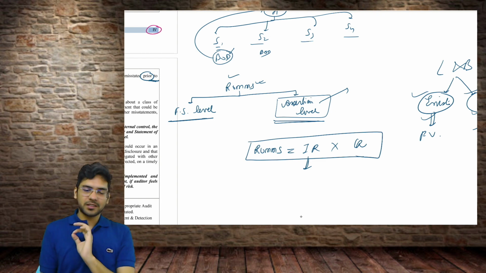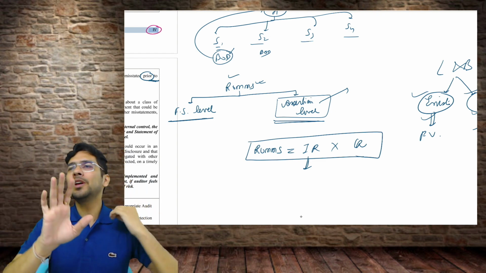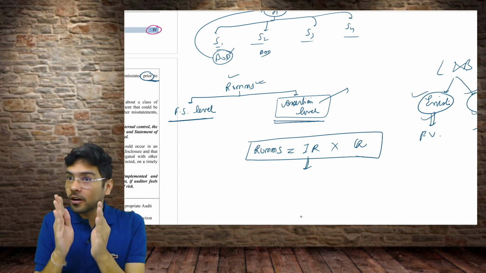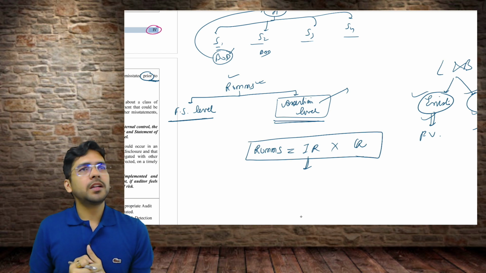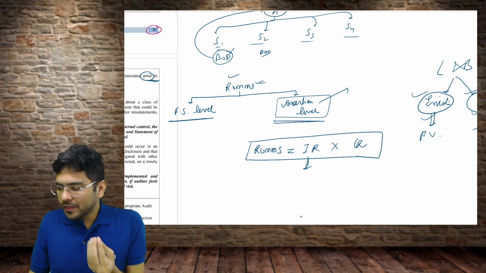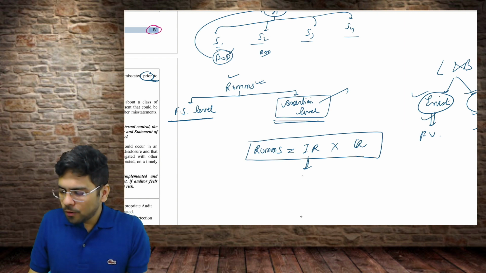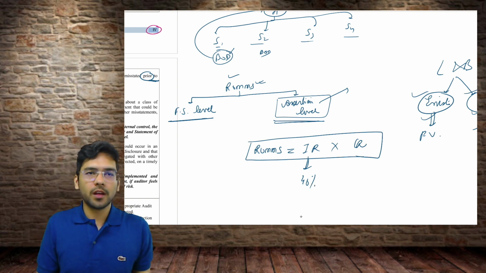Now, please understand. Let's say you are my client and I feel, assuming that there are no internal controls in your organization, let me put it in this way, that 40% of the transactions will be misstated.